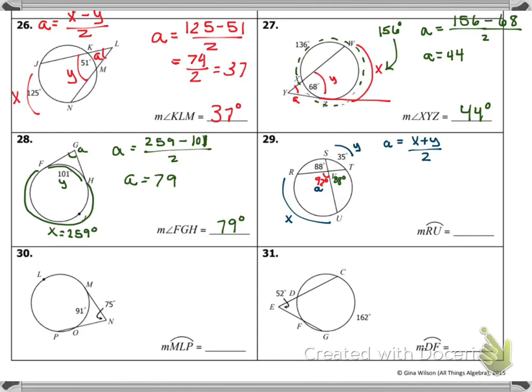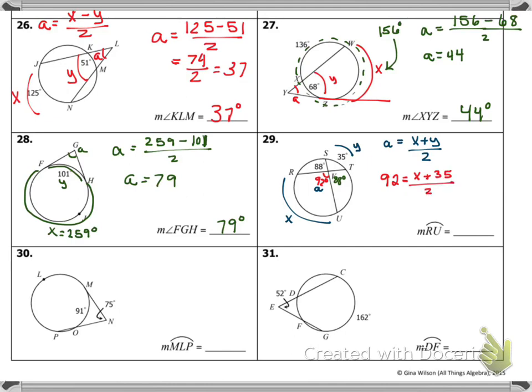So I'm going to fill in what I know. I know A is 92. And I'm already given that y is 35, but I don't know what that arc x is. Now I have to solve for x.